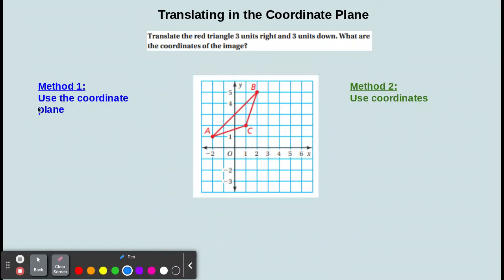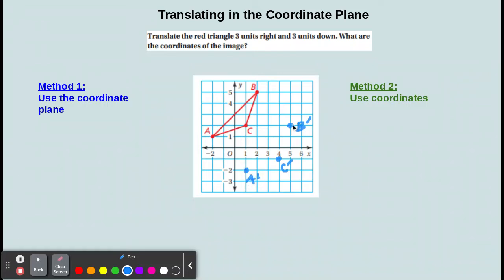So we can use this first method of using the coordinate plane, which merely means we take this first point B and we move it 1, 2, 3 to the right and 1, 2, 3 down. So our new point B is right here, right? I denote it with a little tick mark because I want to show that this is the image that's been translated from the original. Okay, now we can do the same for point C. We move it 1, 2, 3 to the right and 1, 2, 3 down. That's point C, the new C, and A the same thing. 1, 2, 3, 1, 2, 3.